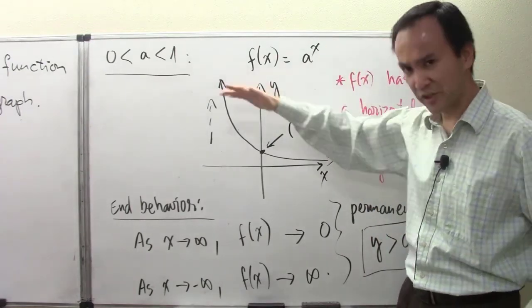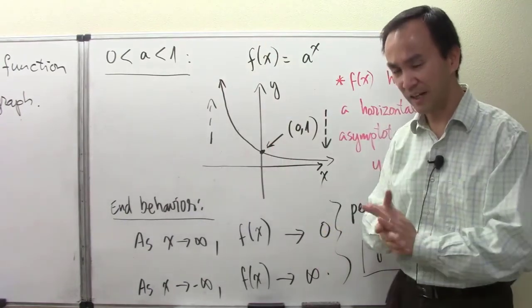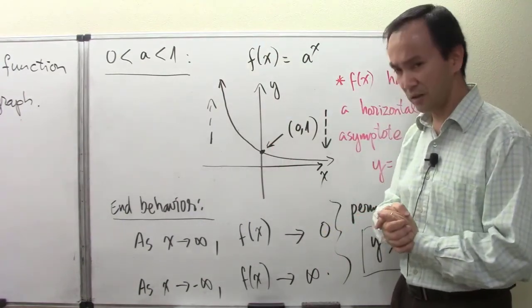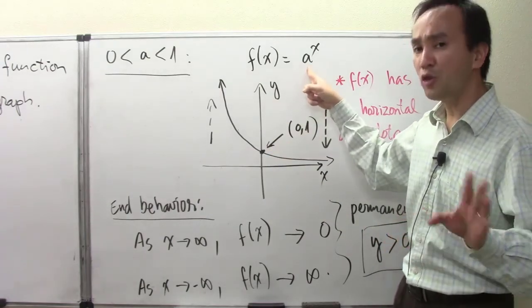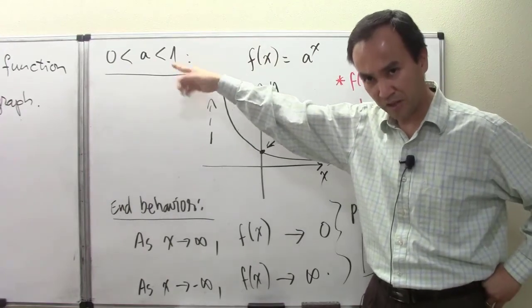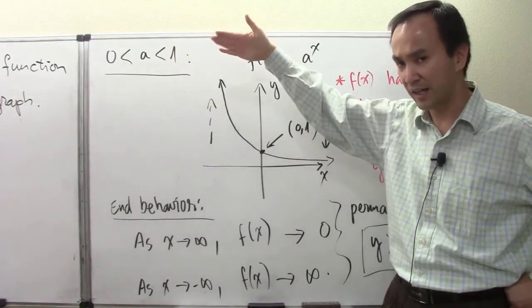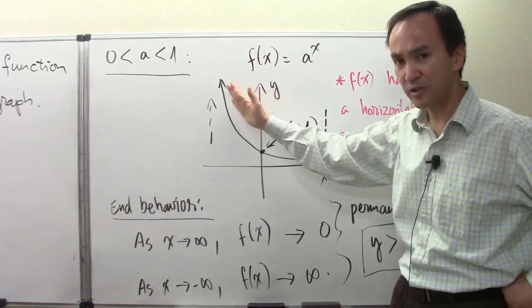Further, I could have also mentioned this, but I assumed a little bit that you already recognize that. When the base is less than 1, but closer to 1, like 0.9 or something like that, then the graph is actually flatter.